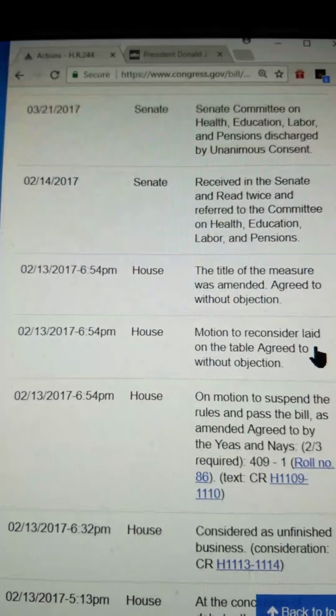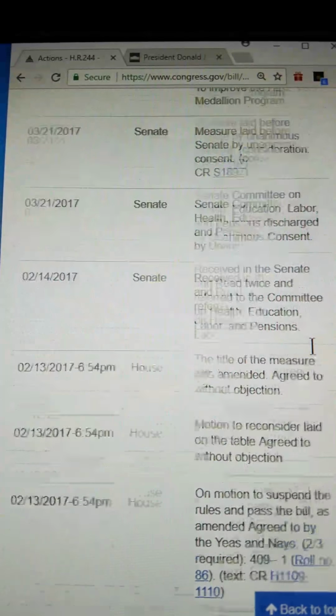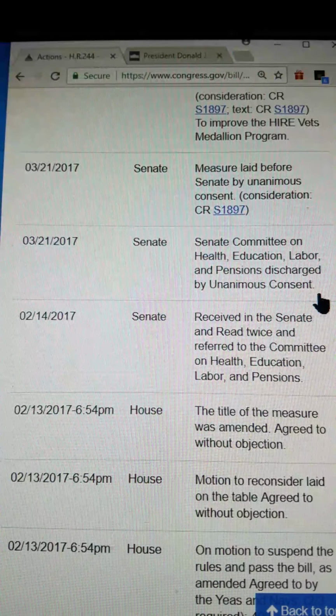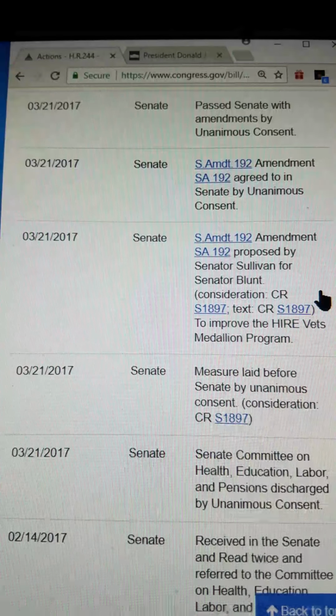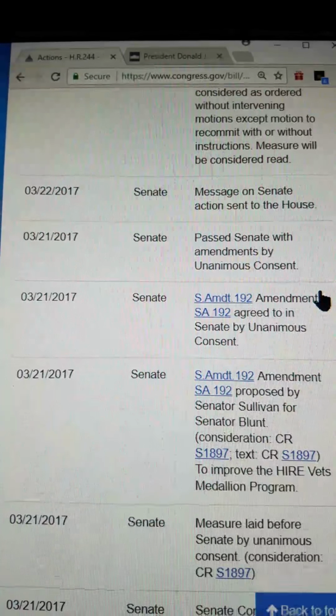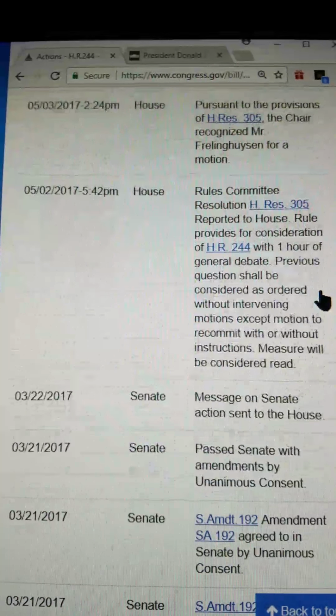But anyway, I wanted to see Mitch McConnell also. They done took his name out of here because Mitch McConnell's name was in here a lot, where he did a whole lot of suspending the rules to pass the bill.